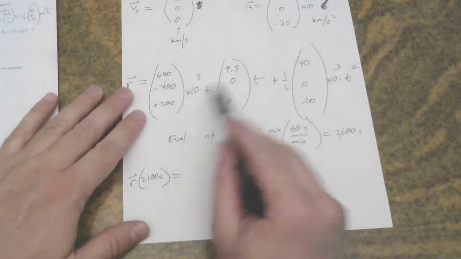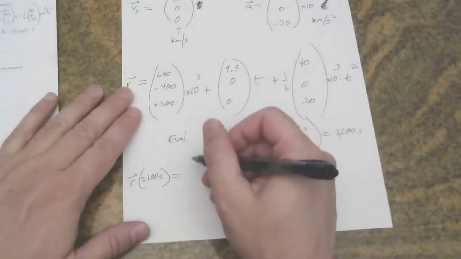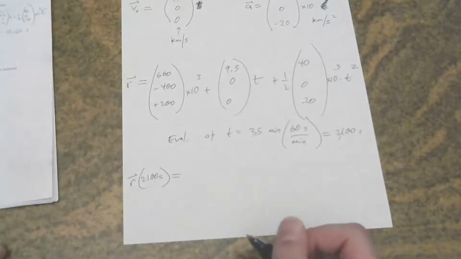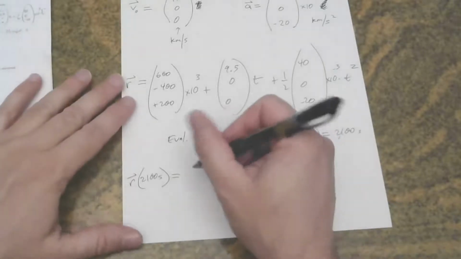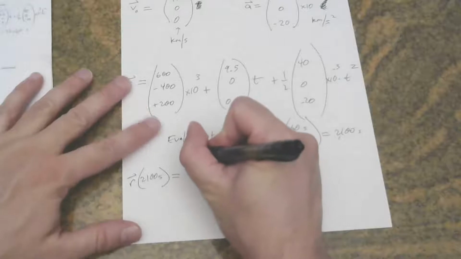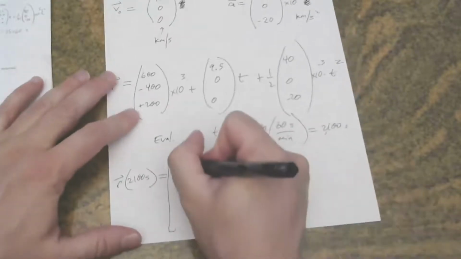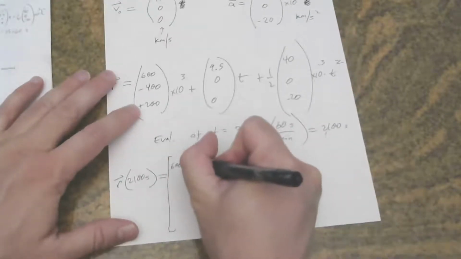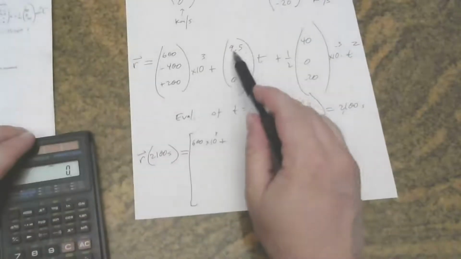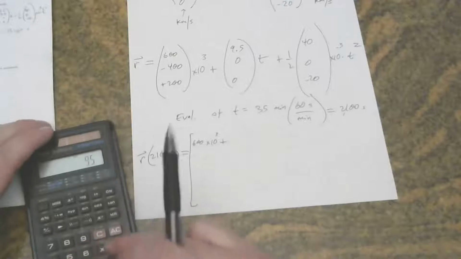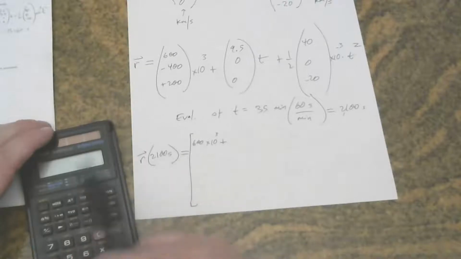I guess I could evaluate these each individually, or should I do it all at once? Yeah, why don't we do this? I'll put one big column vector now that's 600 times 10 to the third plus 9.5 times t, which is 9.5 times 2100.